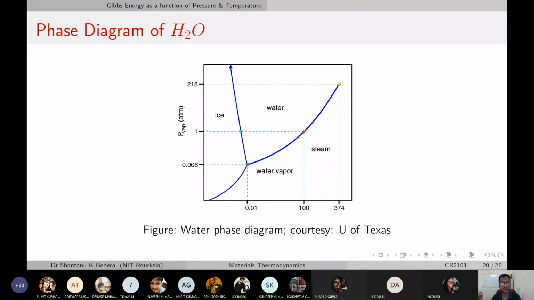Otherwise, you'd see in many systems this equilibrium line has a positive slope. It's going to be like that, which is very common. Okay, this one is not common, right?